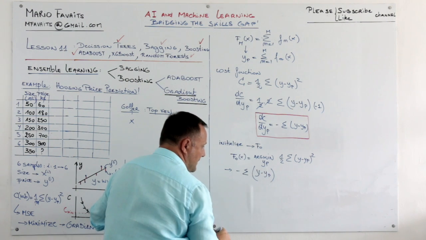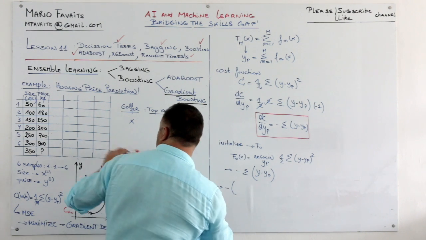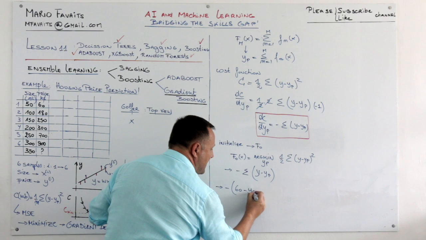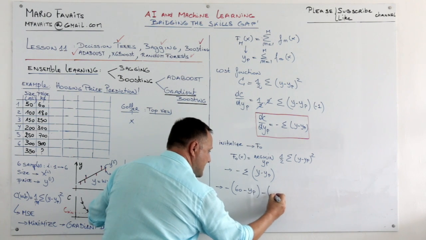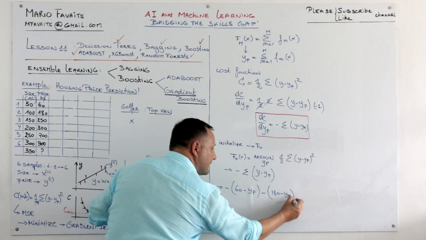That means it's going to be minus, and y for my first sample is 60. 60 minus y predict. Minus, and then we have 180 minus y predict.